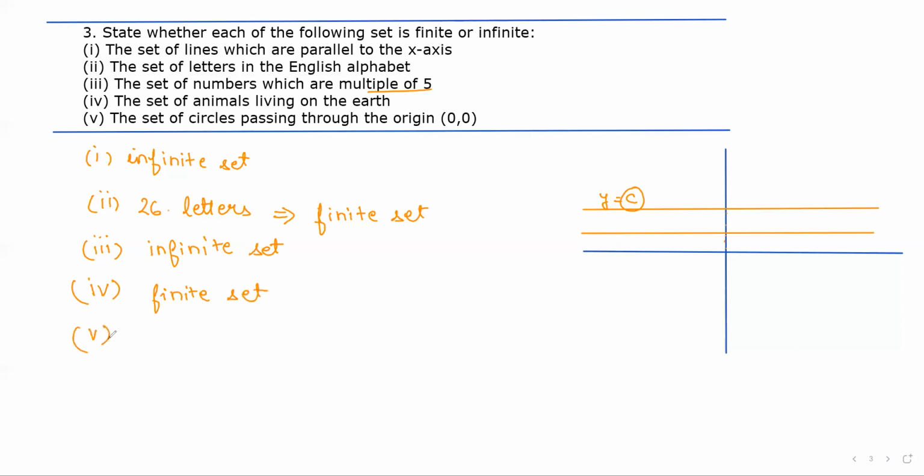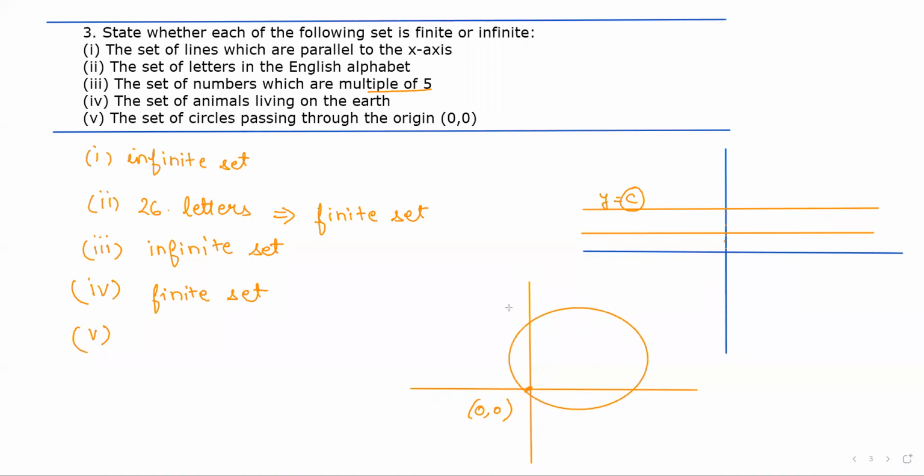Next, the set of circles passing through the origin (0, 0). So let's draw your x and y axis. This is your (0, 0). Now, it is not mentioned here what the radius of the circle is. So the circle can be anything.